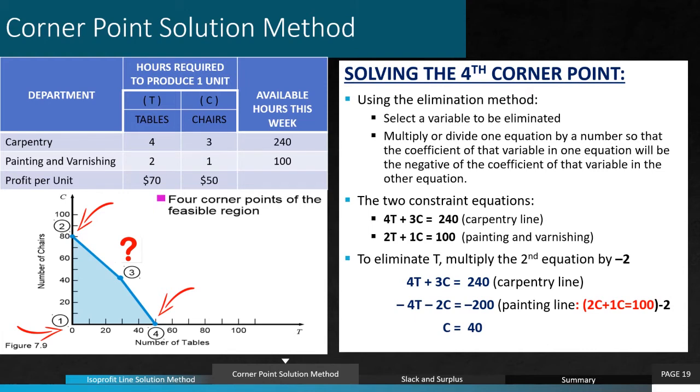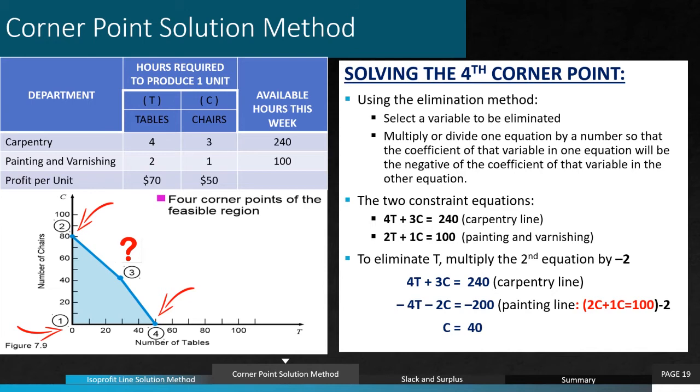Now we're going to solve the fourth corner point. The fourth corner point is where the two constraint lines intersect, and the coordinates must be found algebraically by solving the two equations simultaneously for two variables. There are a number of ways to solve equations simultaneously, and any of these may be used. In this example, we will illustrate the elimination method.